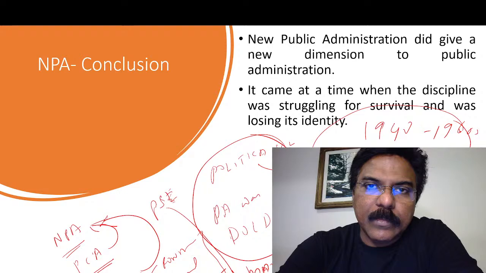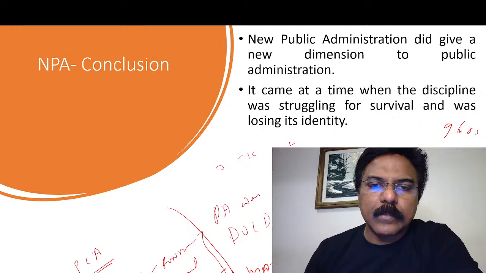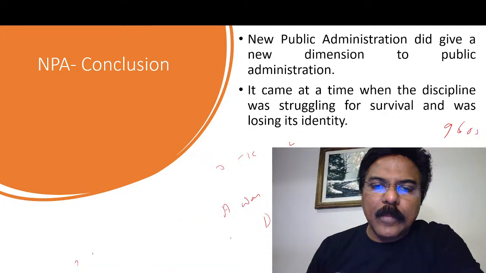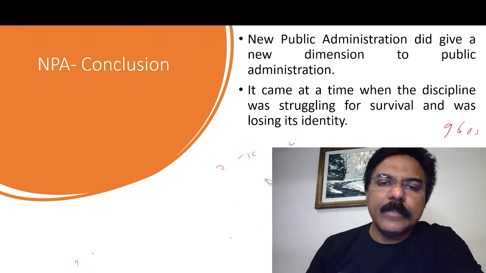So all these theories were at each other's necks, and when Waldo came out with this new public administration, and he wrote the administrative state, he was treated as a pariah by the classical thinkers.